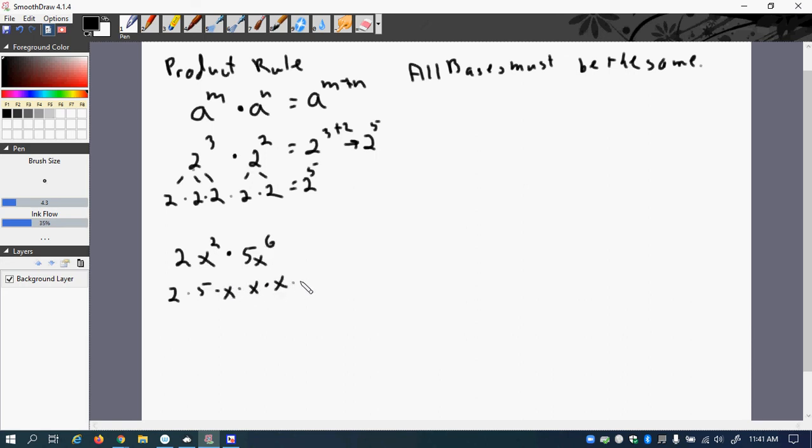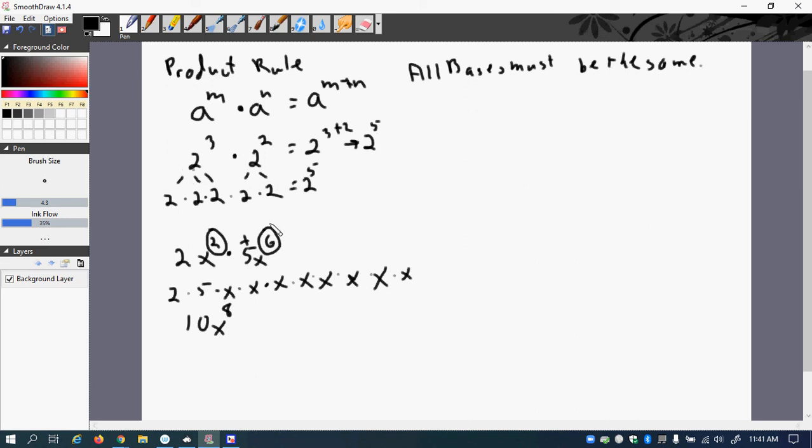So if I go ahead and calculate this out, this is 10, and I have 8 x's. So these two get added, and that gives me 10x to the 8th. And so that's how this problem works.